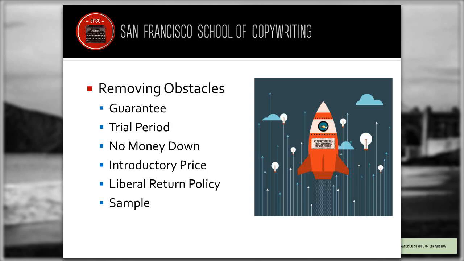And interestingly, this is something we'll talk about later when we talk about sales letters, but one of the things that you'll see a lot in a sales letter is a guarantee that says, for example, 100% no risk guarantee. If you're not satisfied for any reason within 30 days, simply call 1-800-XYZ and we'll refund your money, no questions asked.